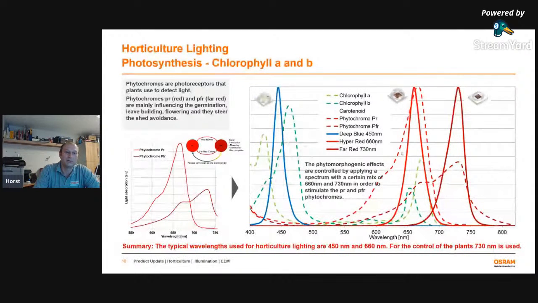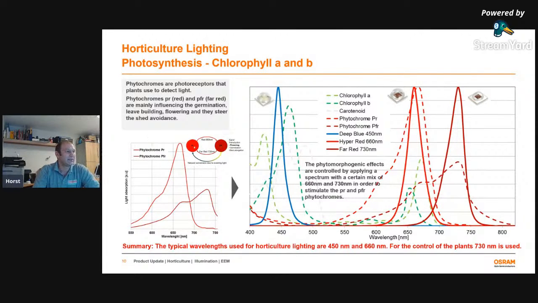And this poor little tree gets only the shadowy light, which has a higher content of 730 nanometers. So this little tree gets a different ratio of 660 versus 730. And this is telling the little tree, hey, you have to grow faster because you have to get to the top where you get this nice light of 660 nanometers. In this easy example, you can see how this can work together.